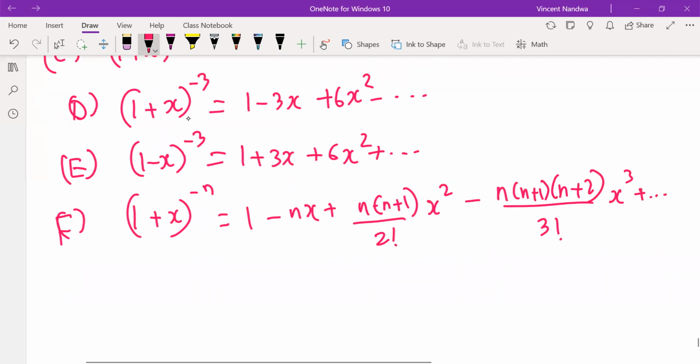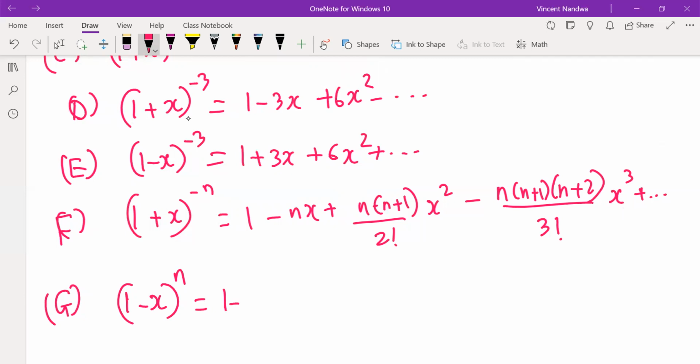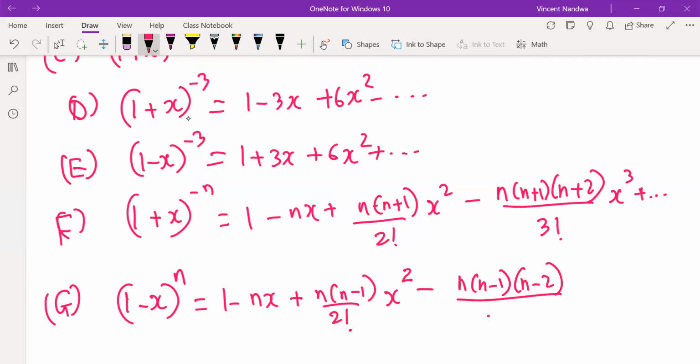And G, 1 minus x power n is 1 minus nx plus n into n minus 1 over 2 factorial x squared minus n into n minus 1, n minus 2 over 3 factorial x power 3 plus several other terms.